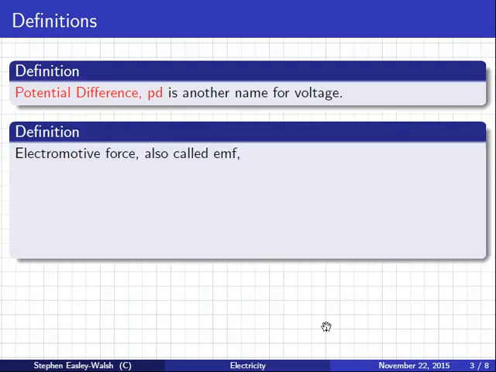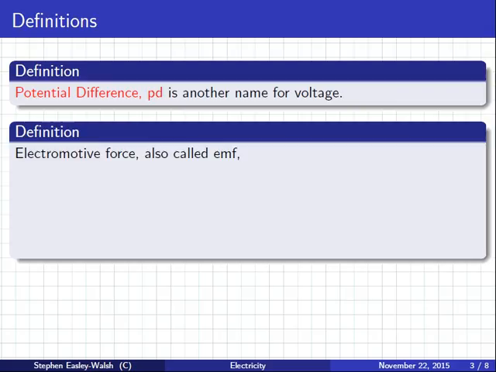Now, electromotive force. So you could break the name down to get a meaning of it. What does the prefix electro mean? Electricity. Yes. Motive? Force. It's a tricky one. So, it's like the electrical motion force. In other words, it's that thing in the cell that makes the electrons move.